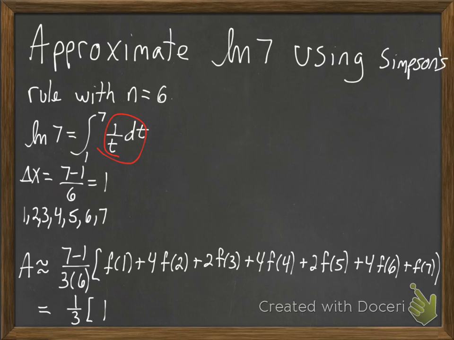Then we'd have 4 times 1 over 2, which would be 2. 2 times 1 over 3 would be 2/3. 4 times 1 over 4 would be 1. 2/5. 4 times 1/6 would be 2/3. And finally we finish with 1/7.